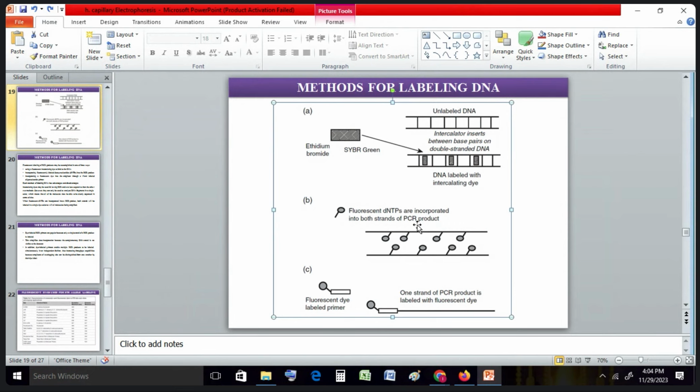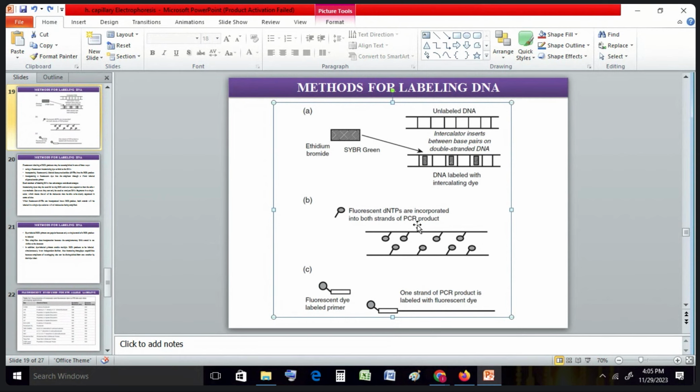So all the newly synthesized DNA in the PCR reaction will be labeled by this fluorescent dNTP. At the end, you are going to have very strong and very clear staining or labeling of your product.